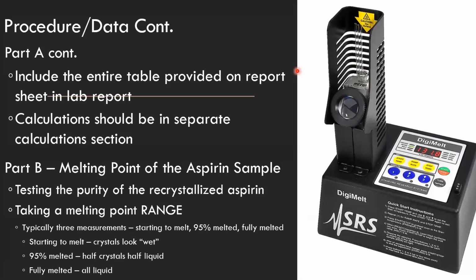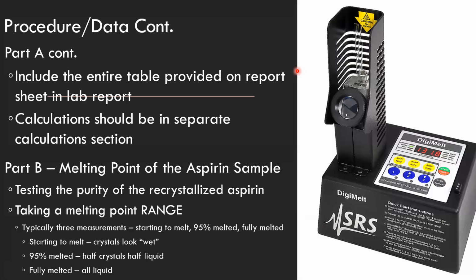All right, in regards to your data section, make sure that in your lab write-up for your data section, include the table containing the mass of the weigh paper, the molar concentration of sodium hydroxide solution, the burette readings, including the initial and final readings, the moles of acetylsalicylic acid used, etc., etc. You're going to see a table like that in your lab manual for trials 1, 2, and 3.